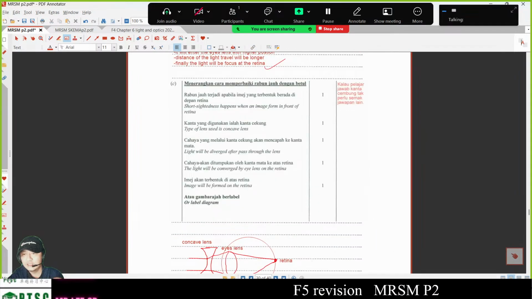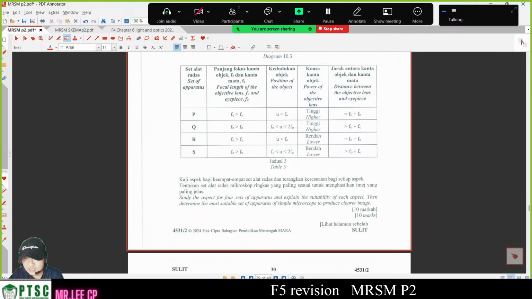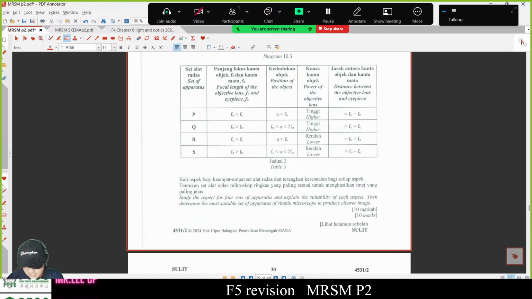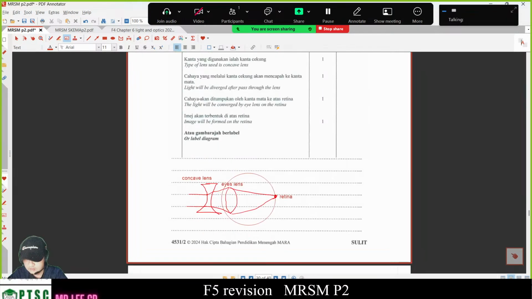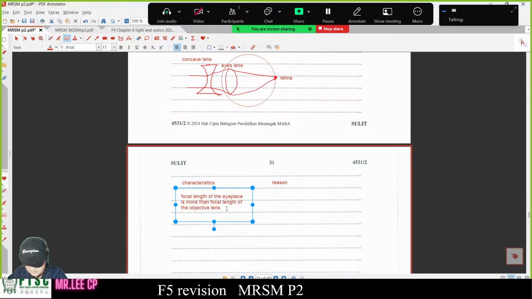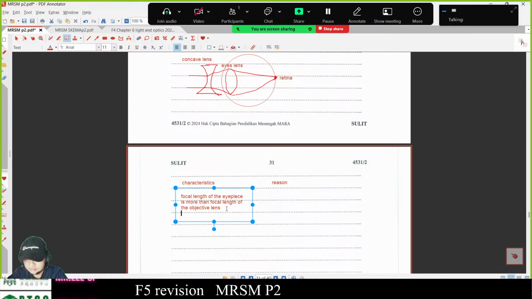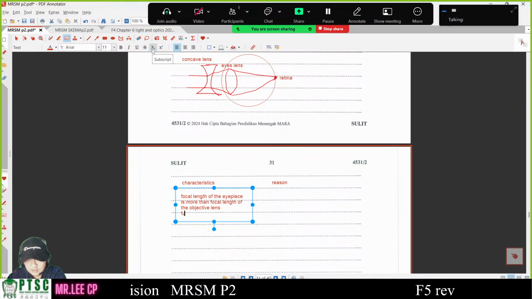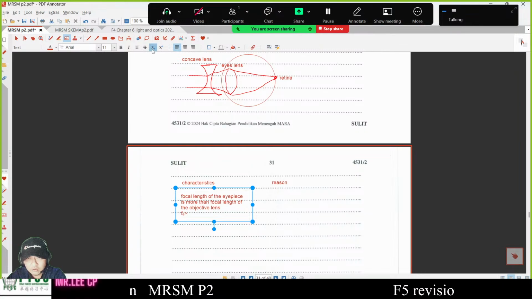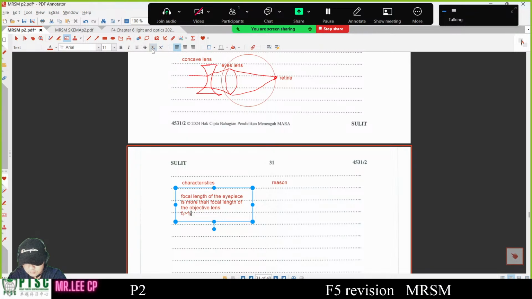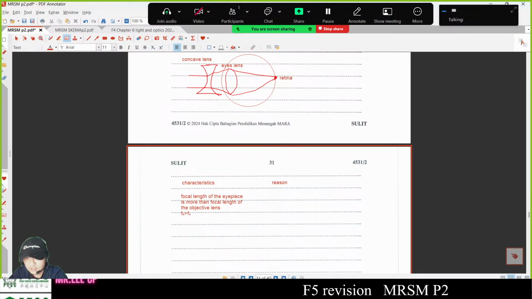It is better for you to write in this way. So it's FE more than FO.